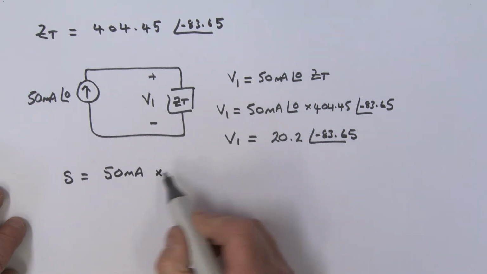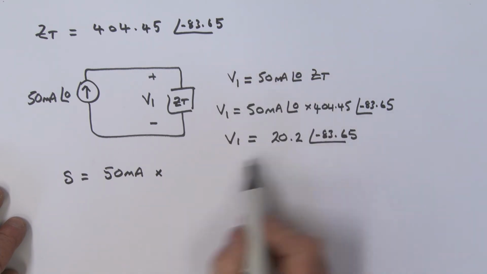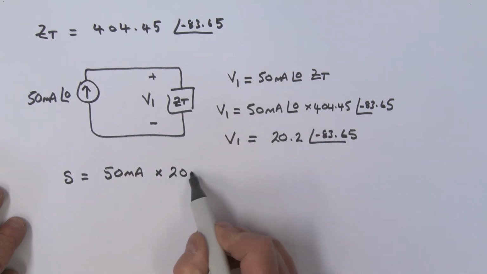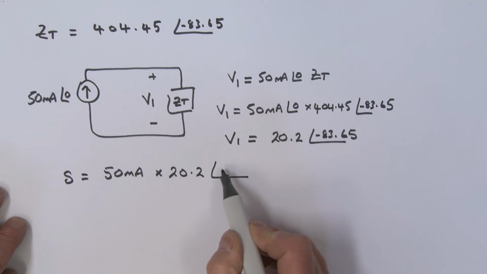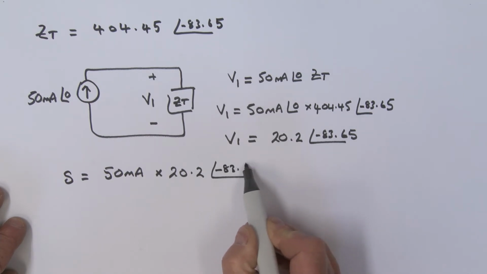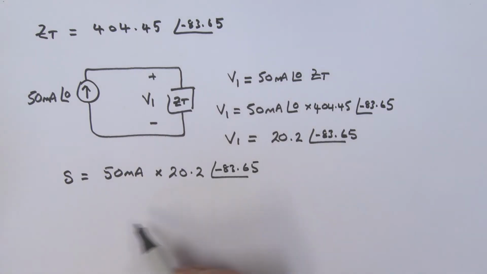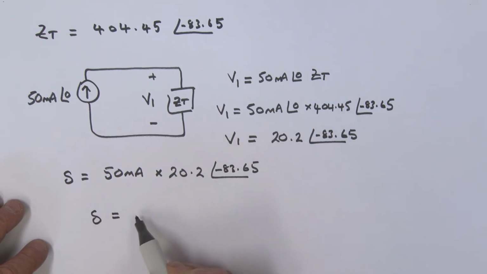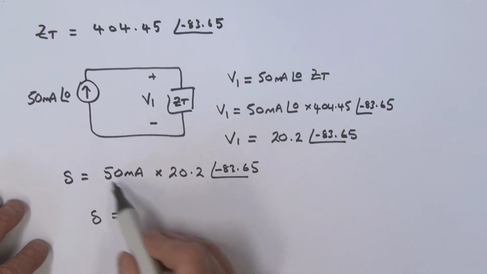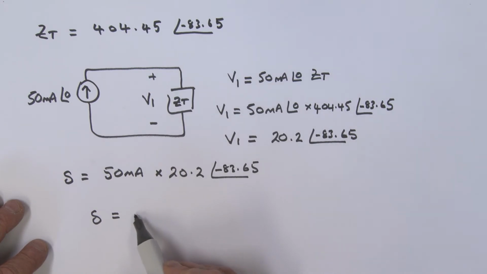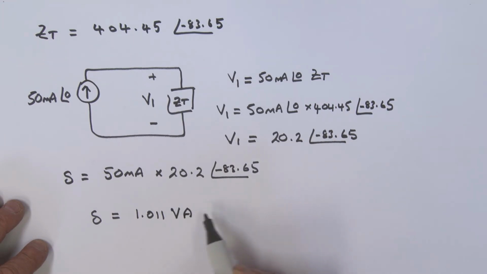And that's multiplied by this voltage V1, which is of course this 20.2 at an angle of minus 83.65. So therefore my apparent power, S, is really equal to, multiplying these 2 out, 1.011, units being what? Volt amps. And the angle over here is a minus 83.65.